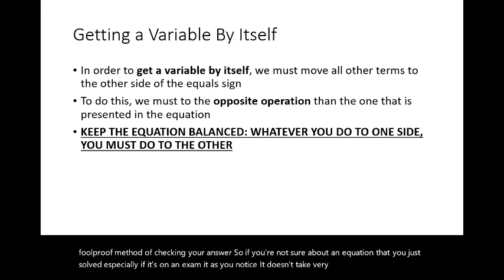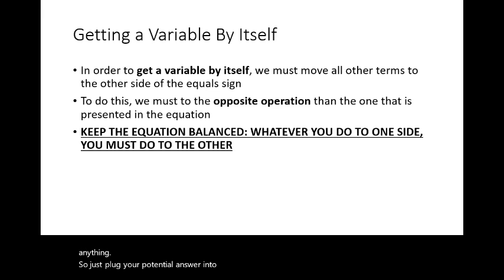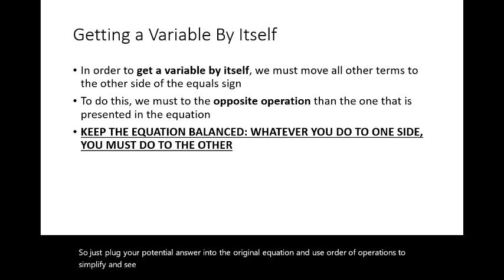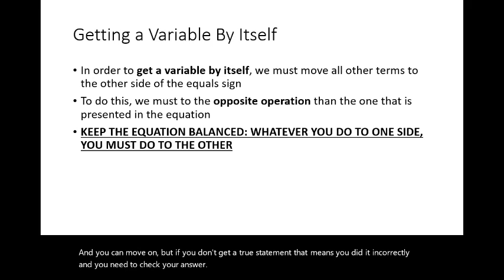Just plug your solution back into the original equation, the original one, before you did anything. So just plug your potential answer into the original equation and use order of operations to simplify and see if you get a true statement. If you do, that means you did it right and you can move on. But if you don't get a true statement, that means you did it incorrectly and you need to check your work.